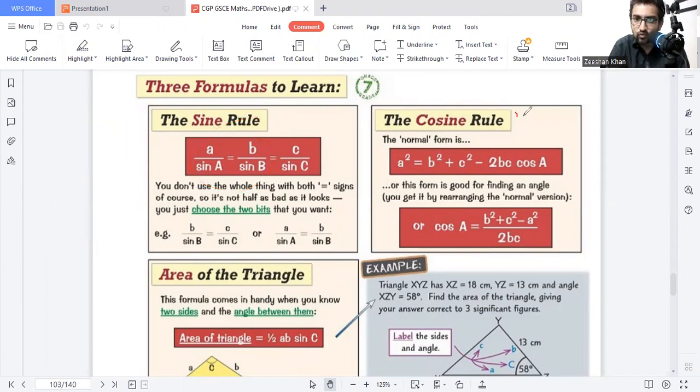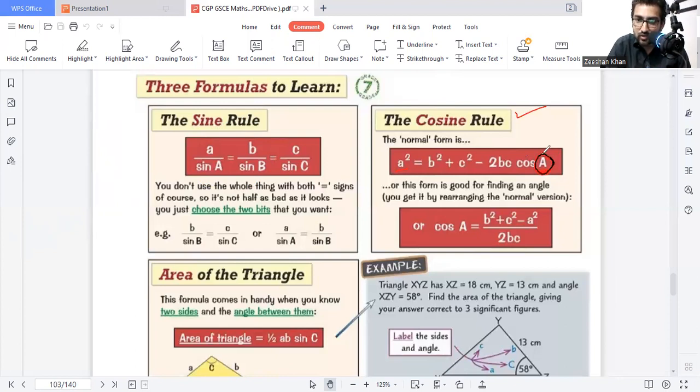The next one is the cosine rule. Now, the normal form of the cosine rule is a square. You can see this is a small a, so small a denotes a side of a triangle. So a square equals b square plus c square minus 2bc cos A. See this thing, this would be cos A. Why? How will you see this is cos A?